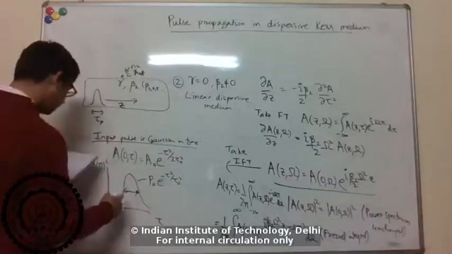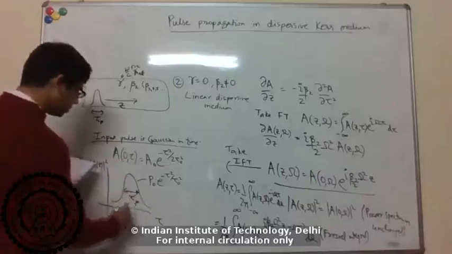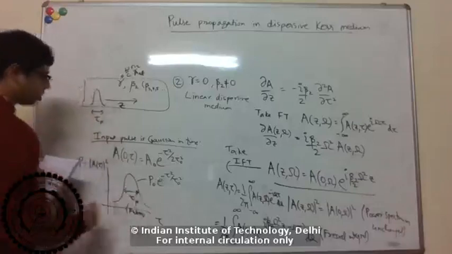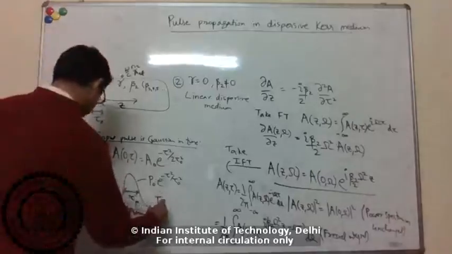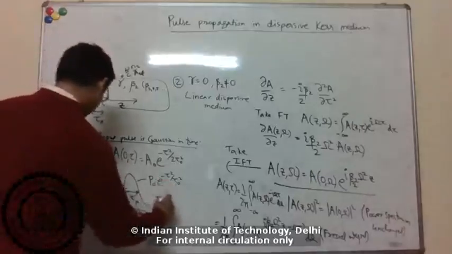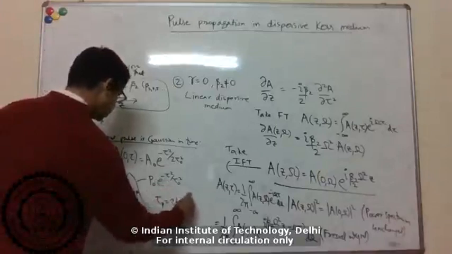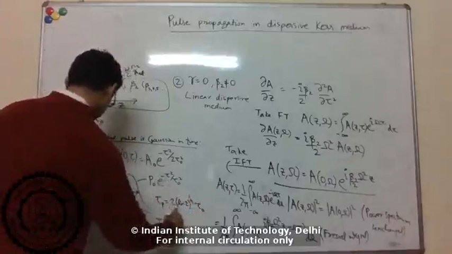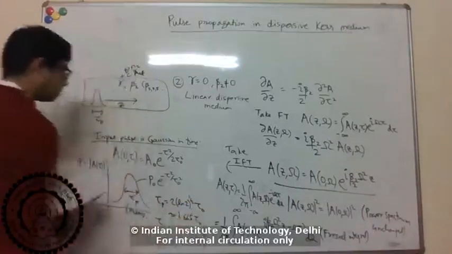Specifically, tau p, which is the full width at half maximum, if you take from P naught by 2, is related to this tau naught by this factor, so about 1.6 times tau naught.